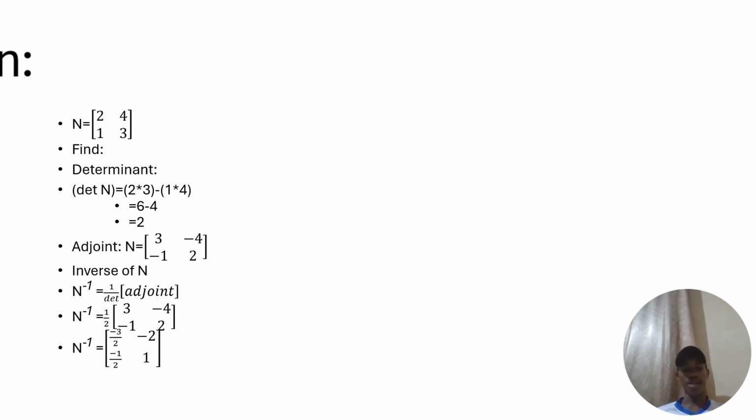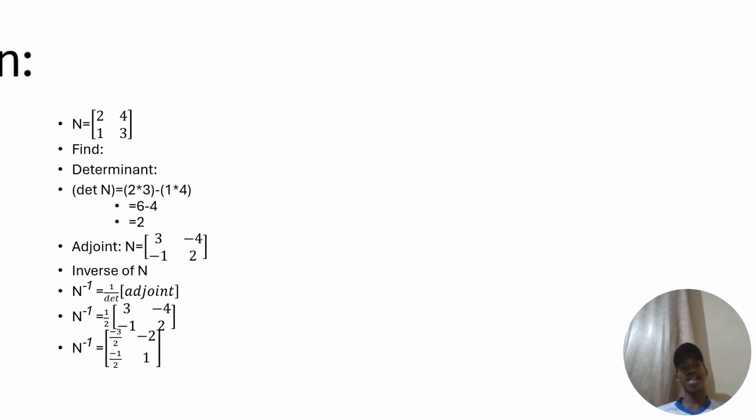We are having also the adjoint, as I had told you. I'm sure you all know how to get the adjoint from my explanation above. So we are having a 3, we are having our 3, from the explanation I gave you above. I told you that in adjoint, we change the positions of the major diagonal. The one that has been in the upper corner comes in the lower corner.